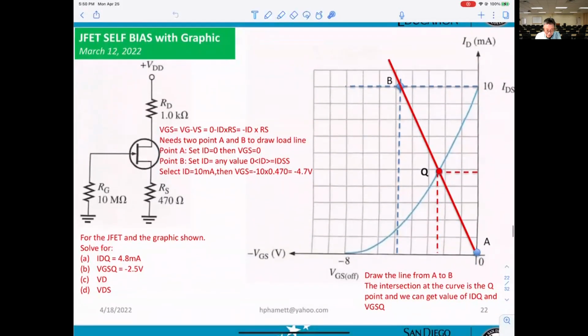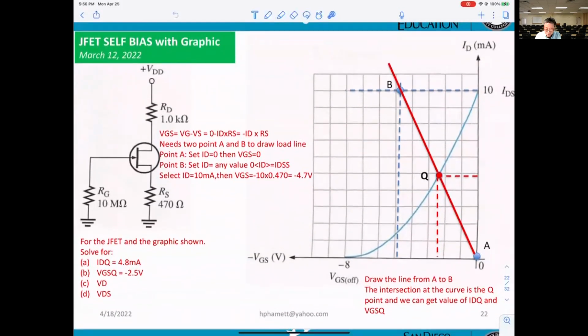Now, for the self bias, we are talking about more detail here. For the self bias, we said we don't want to use the formula to calculate the ID.